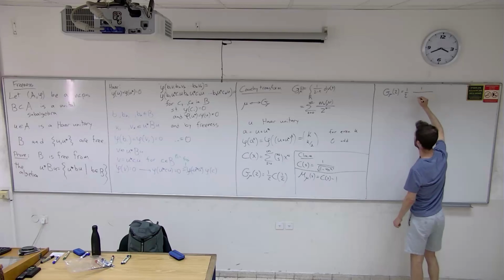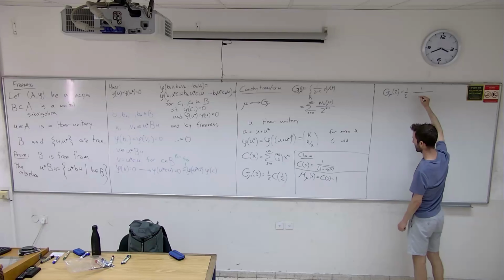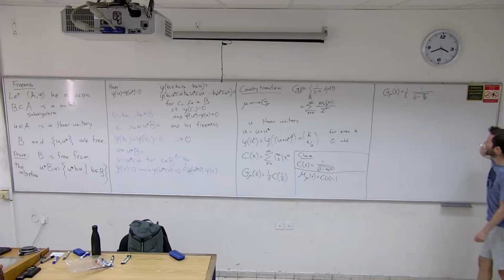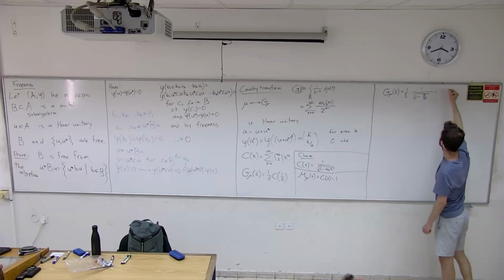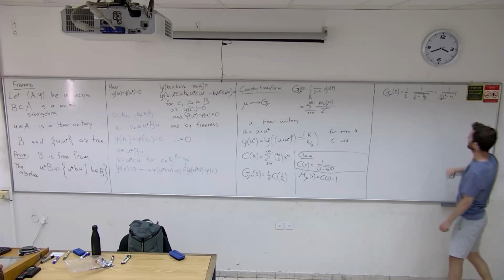So this is 1 over 1 minus square root of 1 minus 4 over z squared. Right? And I push z inside and I get 1 over z minus the square root of z squared minus 4.